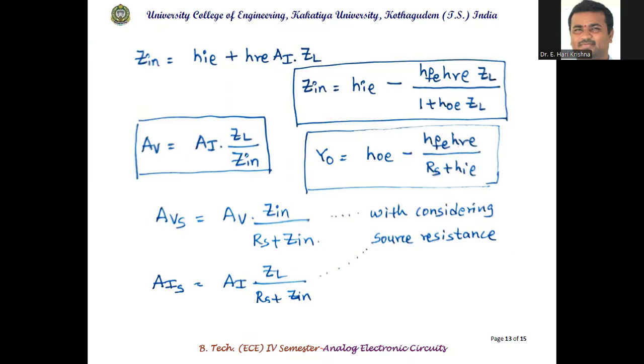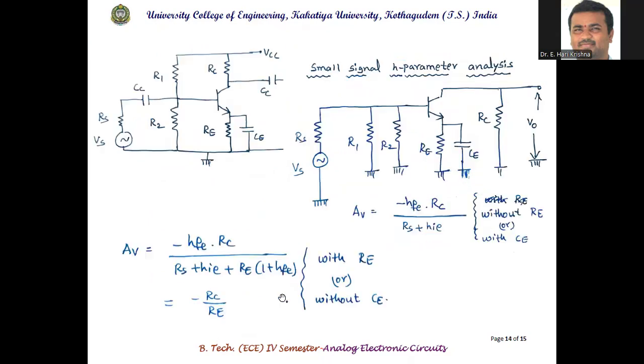Yo is equal to HOE minus HFE HRE by RS plus HIE. AVS and AIS mean the gains considering the source resistance of the voltage source and current source. So AVS is equal to AV into Zin by RS plus Zin. AIS is equal to AI into ZL by RS plus Zin. This analysis is very much useful in finding the gains and input impedance of the BJT circuit.